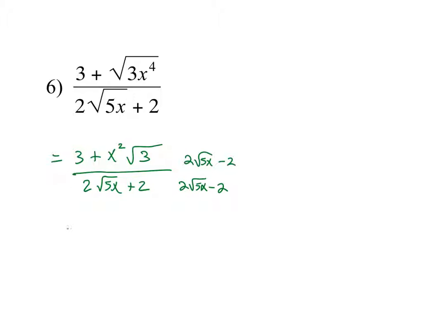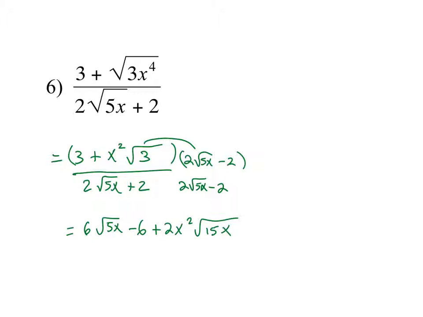Okay. So remember that I have to FOIL the numerator, so 3 times 2 is 6 square root of 5x. 3 times negative 2 is negative 6. Then x squared square root of 3 times 2 square root of 5x is plus 2x squared square root of 15x.